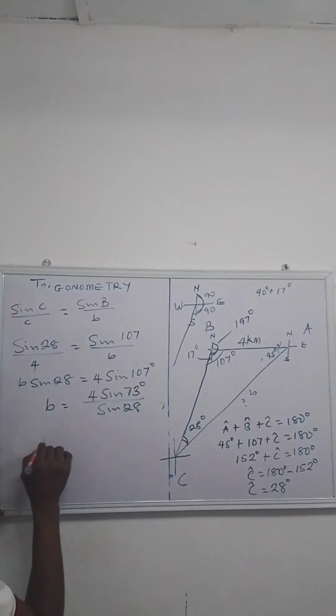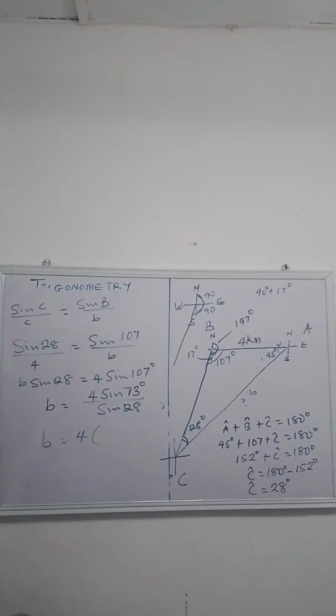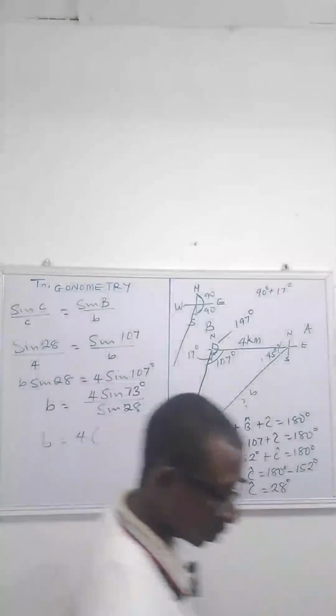So we have b equals 4 times. Can you quickly do this for me? Check your four-figure table or your calculator. What is sine 73? Drop your answer in the comment section. Let's see what you have as sine 73.